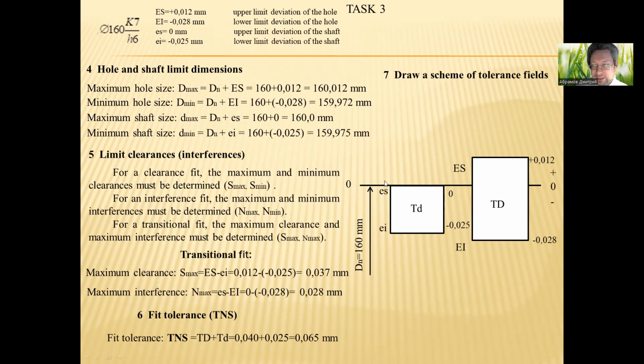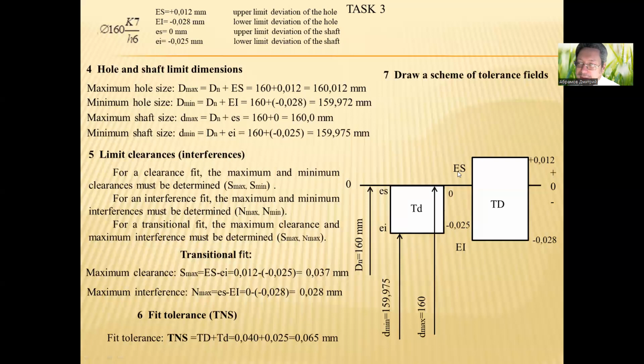So first, it's the tolerance field of the shaft. Upper limit deviation small es is equal 0. Lower limit deviation small ei is equal minus 0.025. And tolerance field of the hole, big ES, upper limit deviation of the hole is equal plus 0.012, and lower limit deviation of the hole minus 0.028 millimeters.